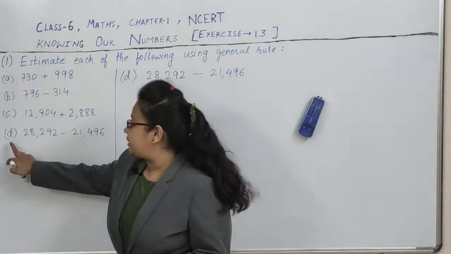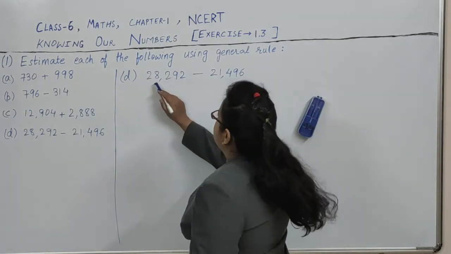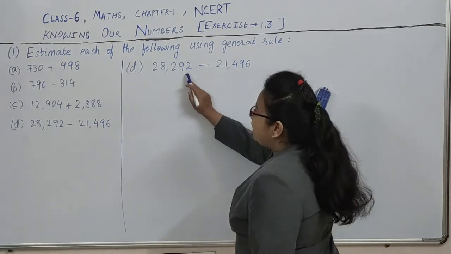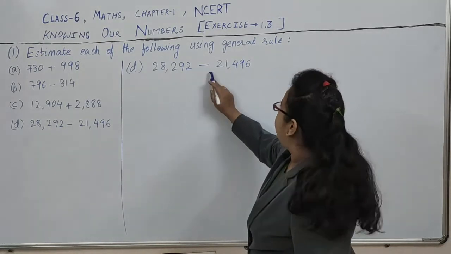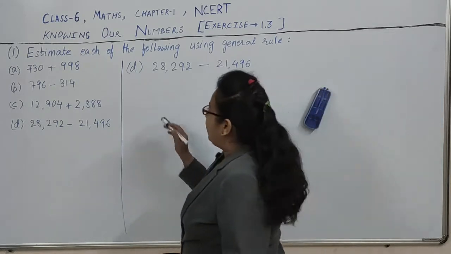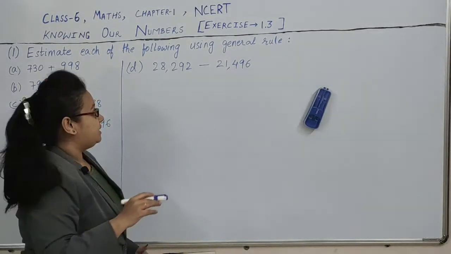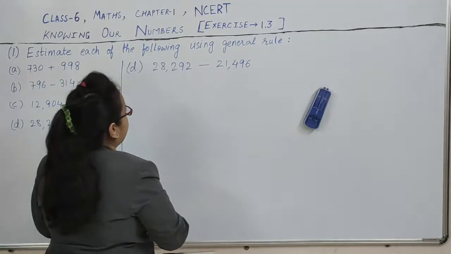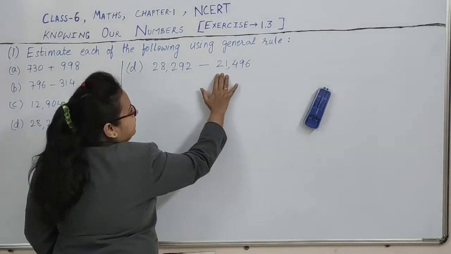Now let us do question number D. What is there? 28,292 minus 21,496. So we have to estimate this using the general rule. See, both these numbers are in thousands.